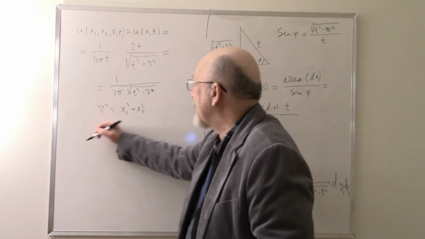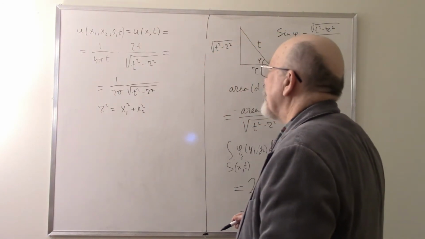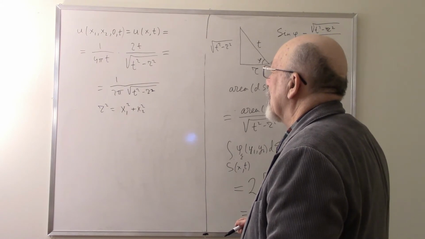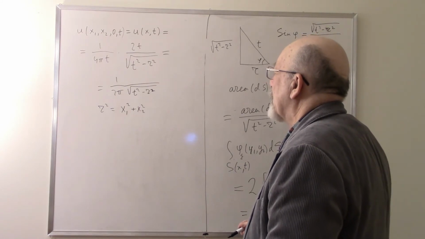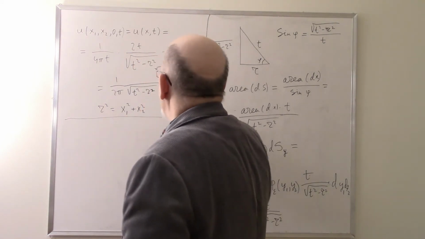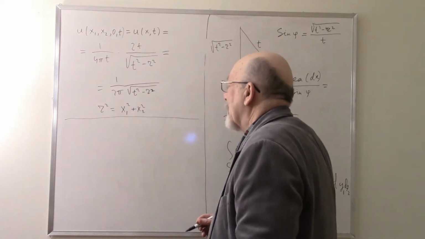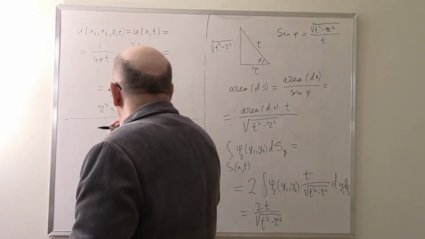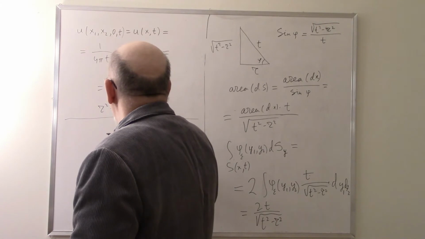So this is the solution of the two-dimensional wave equation with initial value g being a delta function. Yes. So again, this solution.